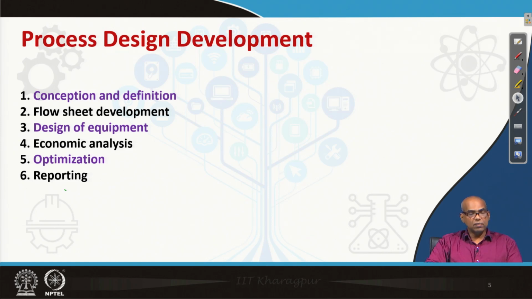Next, flow sheet development, then design of equipment, economic analysis, optimization, then reporting or documentation. So, these are the major steps that will always be there in a design activity.